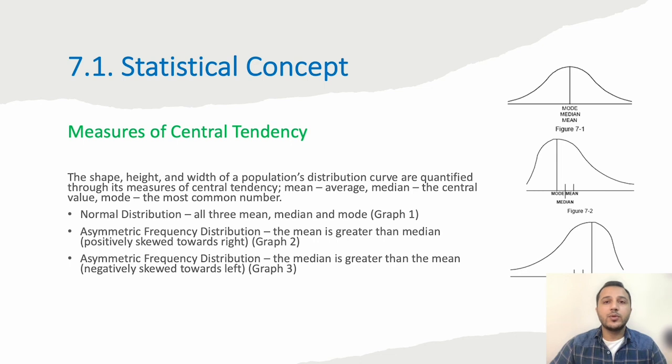For example, if we look at the height of students in a class, or a common exam score in the class, say there are 2 students with 70%, and the remaining are either less or more than that, the most common number in the population is called our mode.